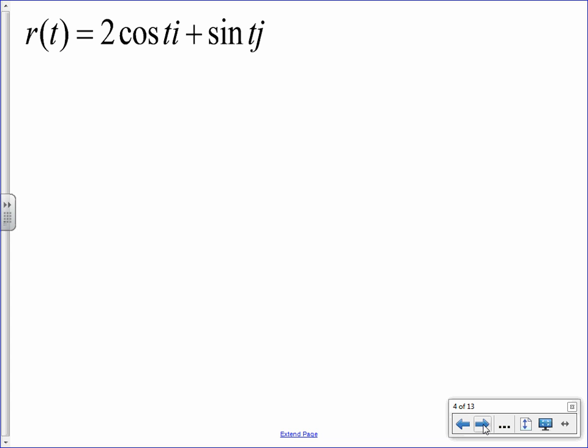Okay, we are going to graph this guy. What's its domain? Negative infinity to positive infinity, all real numbers. When you graph these, you can draw out all the vectors, or you can go back to our parametric knowledge and eliminate a parameter.